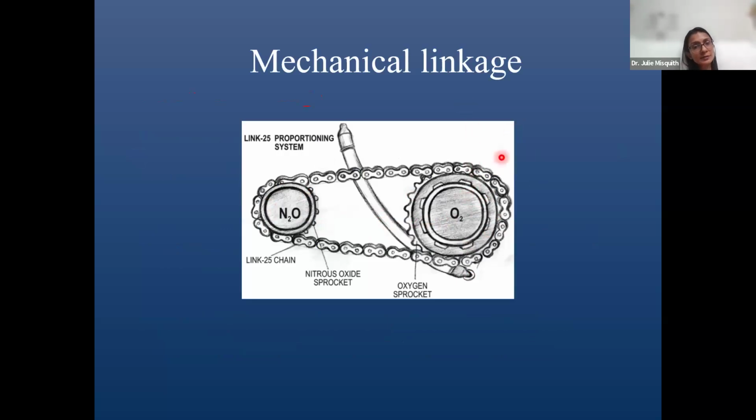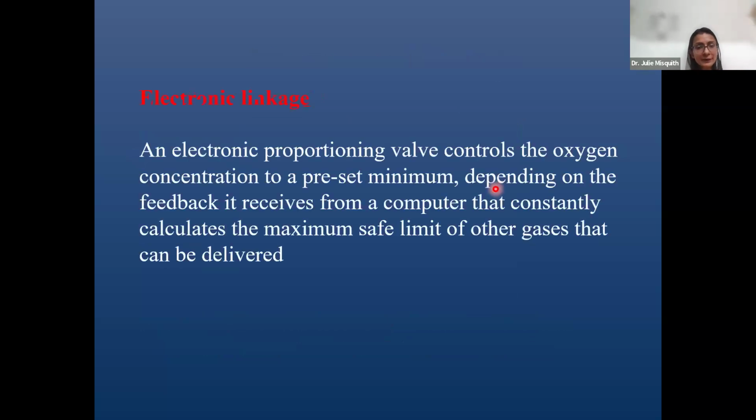And when you increase or decrease the flow of oxygen, nitrous also links. But you cannot use the nitrous oxide flow meter independently. Oxygen also will increase simultaneously. Electronic linkage is similar, but the feedback comes from a computer that constantly calculates the maximum safe limit of other gases that can be delivered.